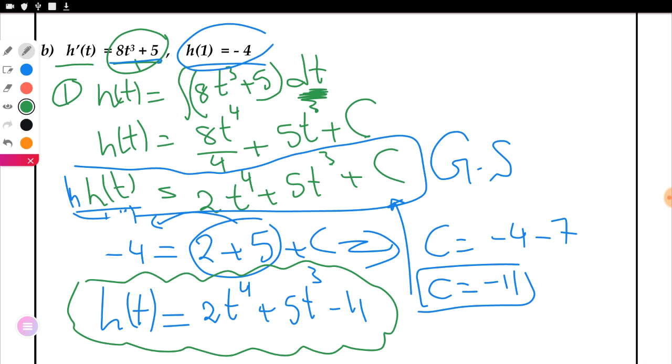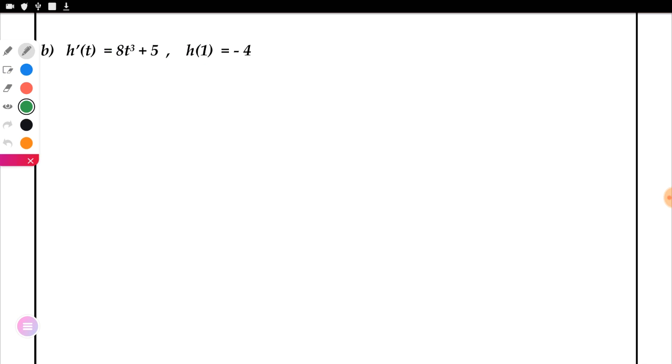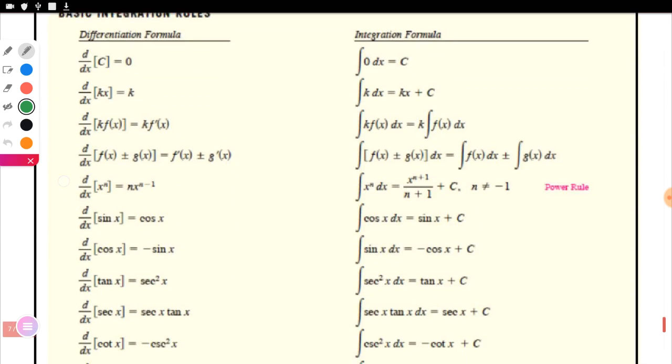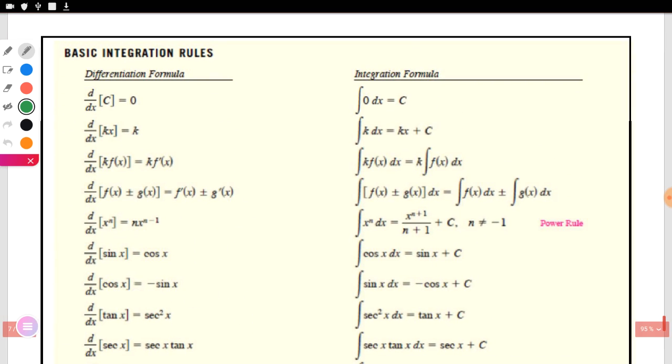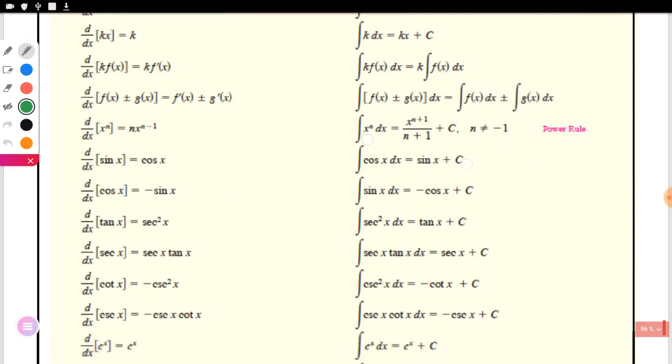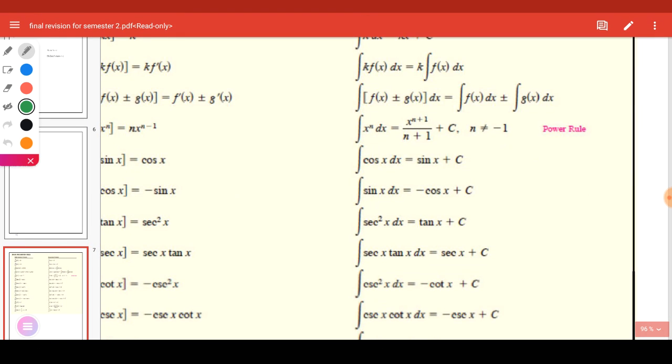Look here. What we need before the exam: I need to revise all of the basic rules of integration and the basic rules of differentiation. That is the rule. Revise or watch all of the videos posted on the LMS.